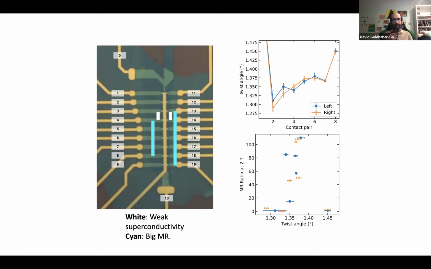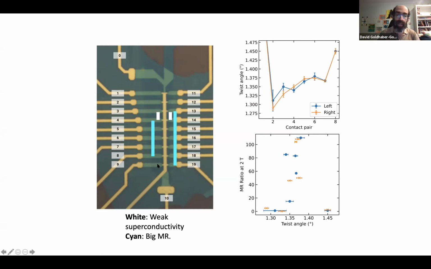Now it's time for me to show you the sample, and you can see that this is a somewhat more complex and rich sample than the ones we started with. We've learned how to make it big enough that we can put 20 electrical leads on and thereby probe different parts of the sample. We've built electronics that allow us to do all of this simultaneously.